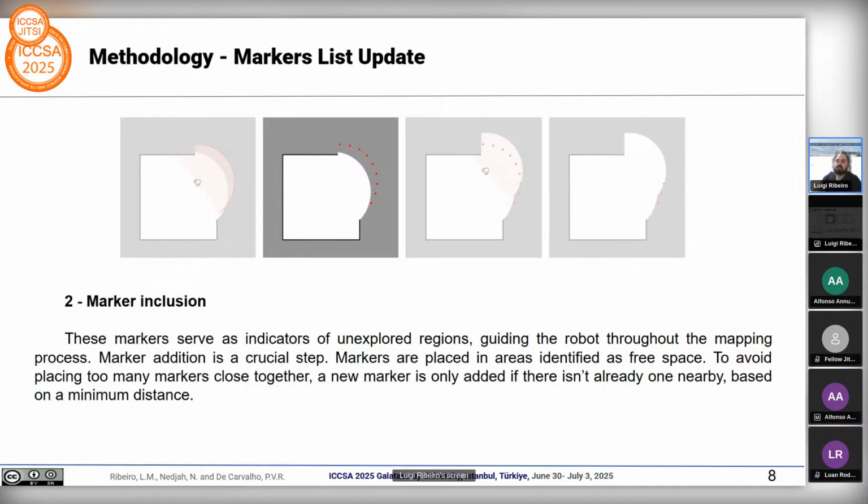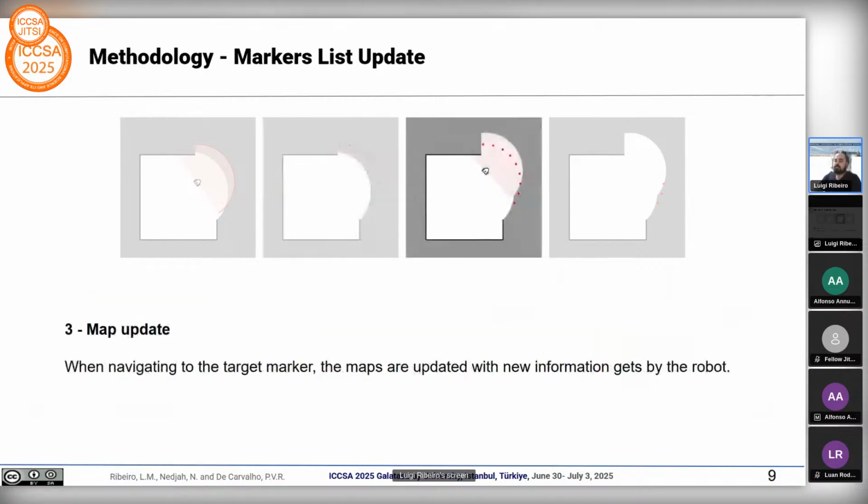To avoid placing too many marks close together, a new mark is only added if there isn't already one nearby, based on a minimum distance. Step 3, map update. When navigating to the target mark, the map is updated with new information gathered by the robot.